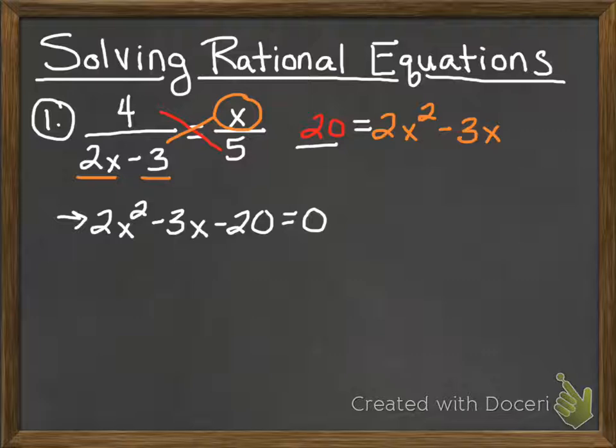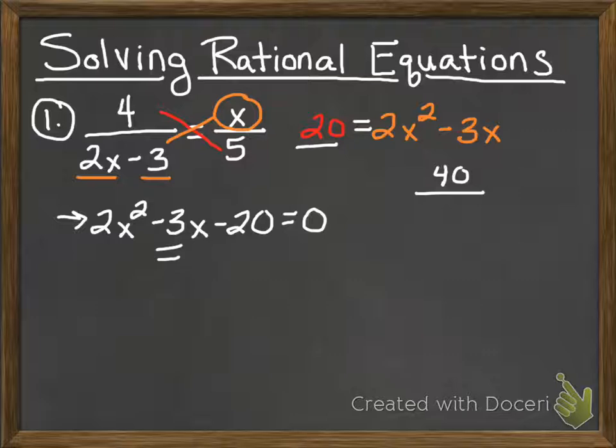Alright, so now we're going to factor this, and because this right here is not a 1, we have to do our factoring by grouping process. So we're going to do 2 times 20, and that's going to give us 40. So now we need some factors of 40 that will get me a 3.